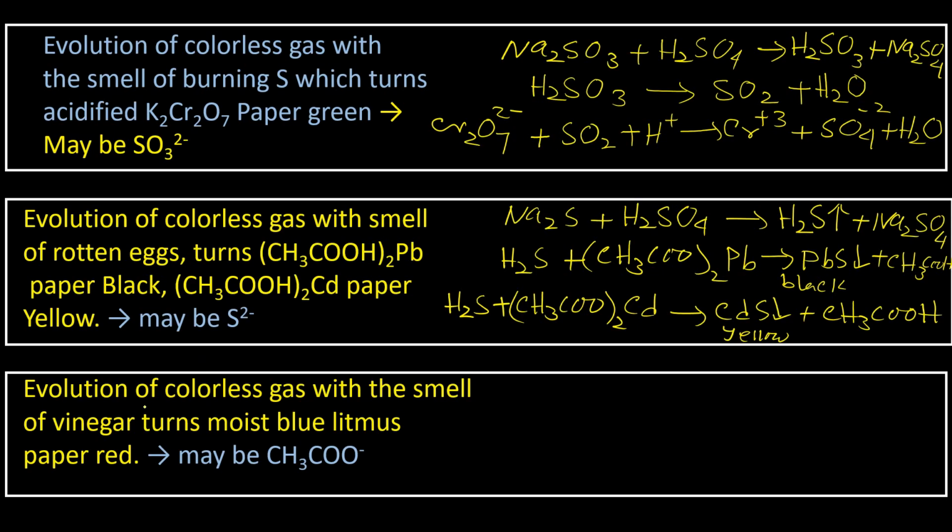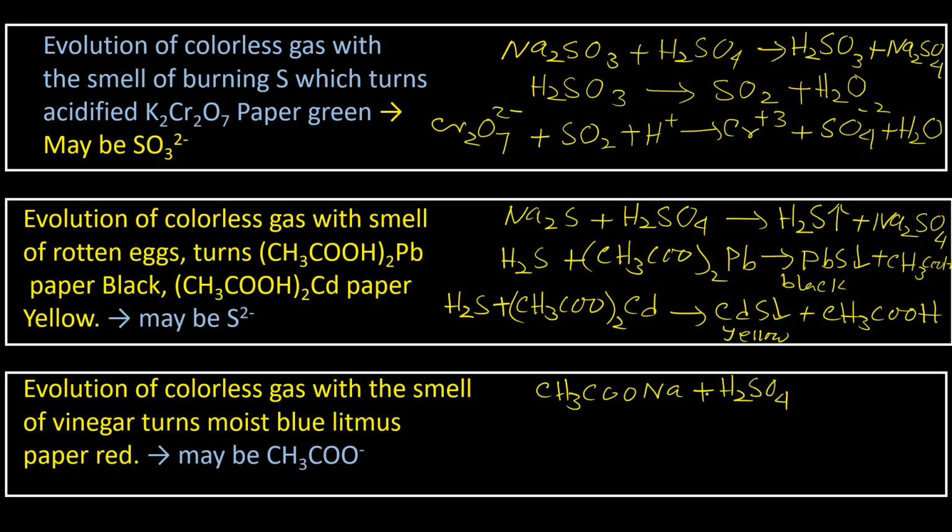Now coming to the next one, another is evolution of colorless gas with the smell of vinegar, which turns moist blue litmus red. Then it may be acetate. You can infer it may be acetate. So here, take the acetate salt, CH3COONa, plus your sulfuric acid.